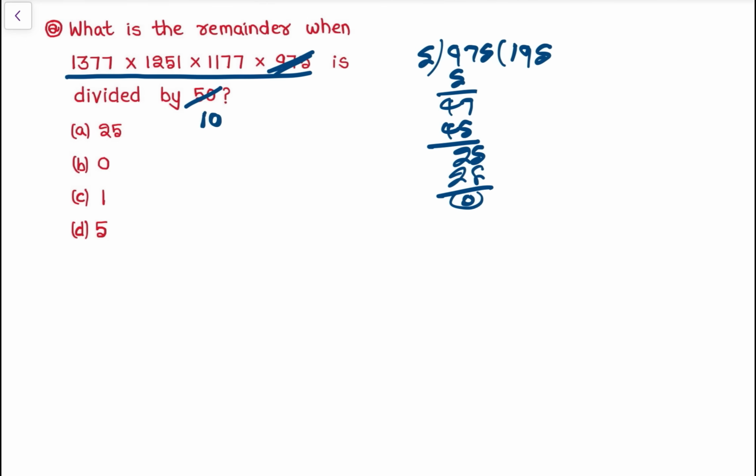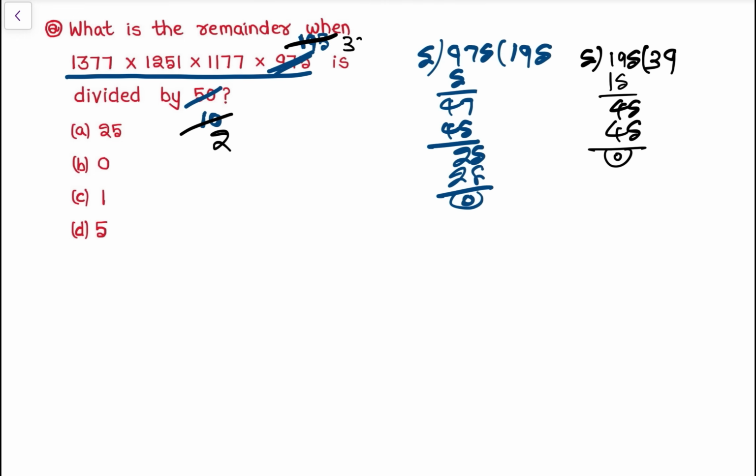So this is 195. Then ये कटेगा 5 2s are, फिर ये कटेगा 5. 195, 5 3s are 15, 5 9s are 45, so 0, so that is 39. अब देखो ये, see remainder is 1, and 39 is also remainder 1.